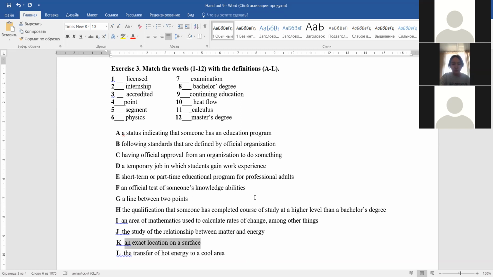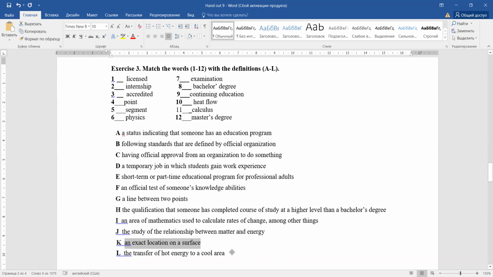Точное расположение на поверхности. This is, of course, point. Okay, Iskender. The transfer of hot energy to a cool area. Heat flow. How did we translate heat flow? Теплый поток. Yes. Okay.